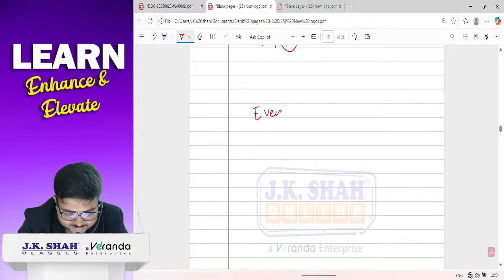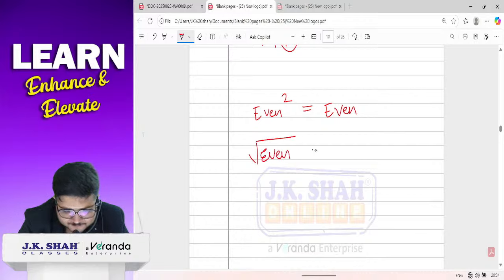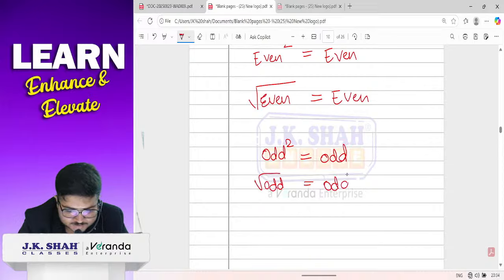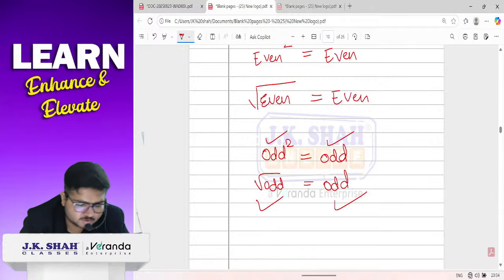If you take the square of an even number, it will always be even. If you take the square root of an even number, it will always be even. Very simple. And the square of an odd number is odd, the square root of an odd number is odd. The square of an odd number will always be odd. The square root of an odd number will always be odd.